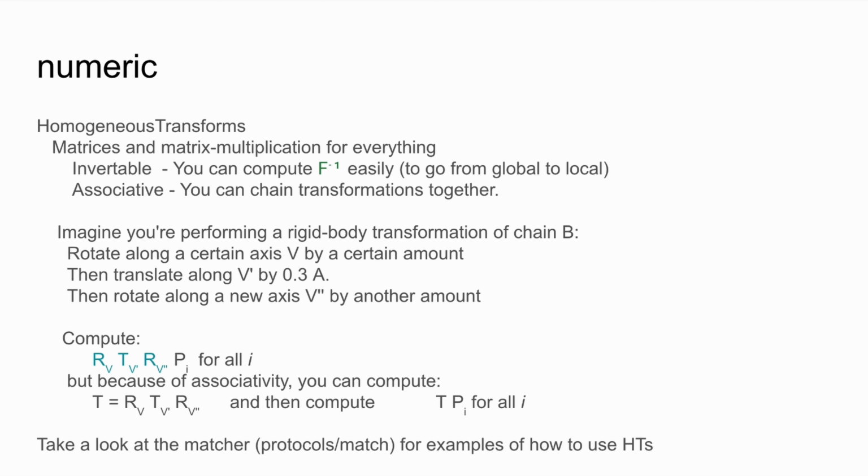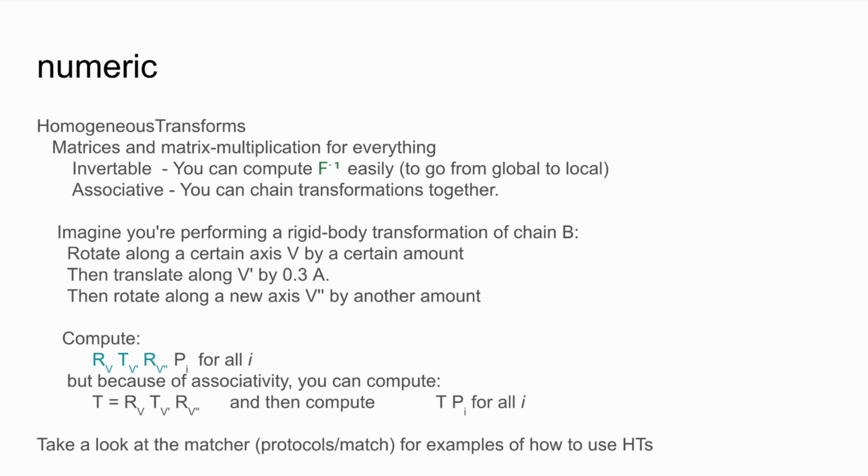So imagine you're performing a rigid body transformation of one of the chains, and you rotate along the first axis, let's call the axis V, by a certain amount, and then you translate along a V prime axis by a certain amount.